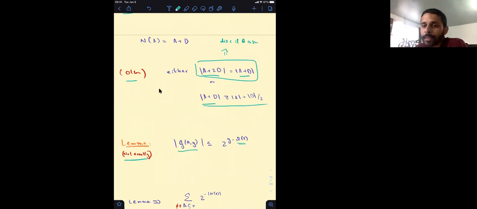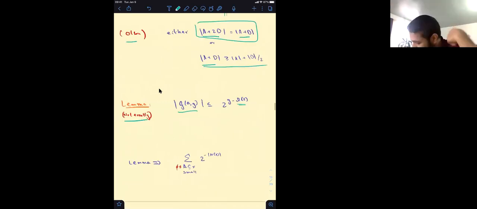This is just bounding the size of sets that have a certain neighborhood size. But the point is that this lemma implies what we want: that the sum over the non-empty small sets of 2 to the minus N of A is actually tiny.